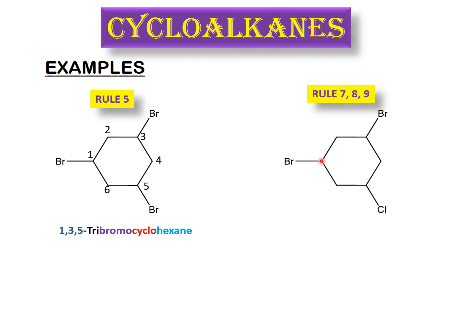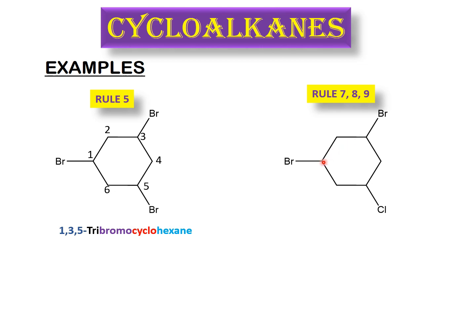So if we move from here, the bromine that comes first in alphabetical order, then chlorine comes at 3 clockwise. So you start from here and you move clockwise towards bromine, it is at 3. But if you start from here and you move counterclockwise, then bromine is at 5. So this is the first point of difference in this molecule, right?